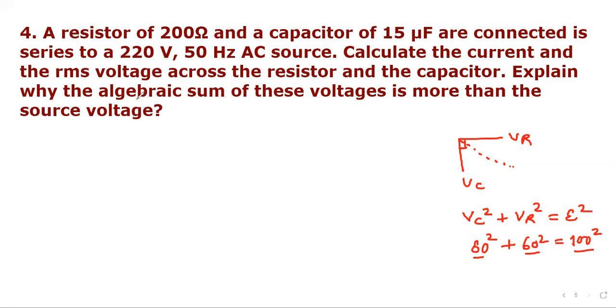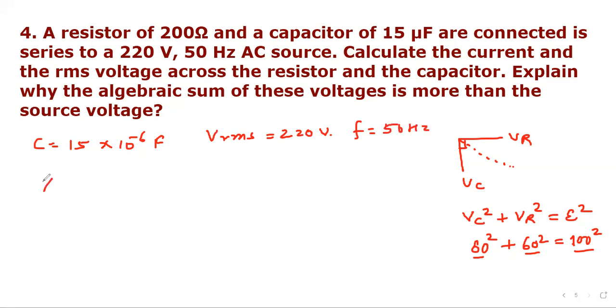Now let's start the question. So we are given C equal to 15 microfarad, that is 15 into 10 power minus 6 farad, and VRMS is given as 220 volt. Frequency is given as 50 hertz.